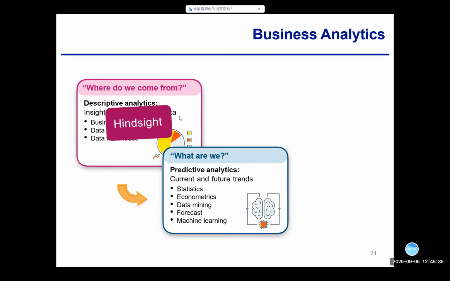And if you see the list of topics, they are probably the hottest topics in the past maybe 20 years and in the foreseeable future. It includes statistics, econometrics, data mining, forecasting, and last but not least, machine learning. So in short, at this stage, people are trying to build models, mainly mathematically, to explain what is going on, to try to investigate the underlying data generating process.